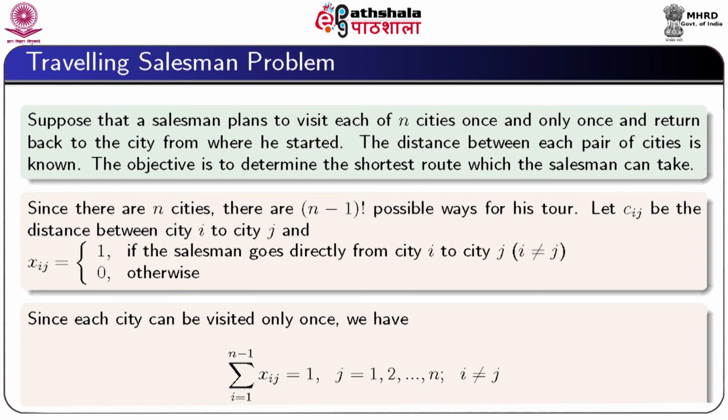Since each city can be visited only once, we have sigma Xij, i equal to 1 up to n minus 1, equal to 1, where j equal to 1 up to n and i not equal to j.